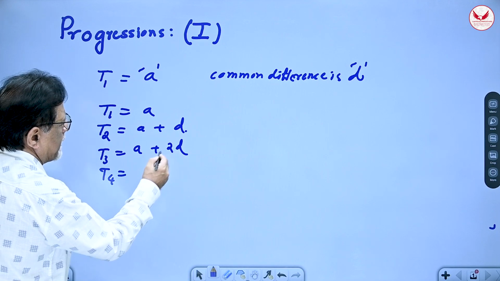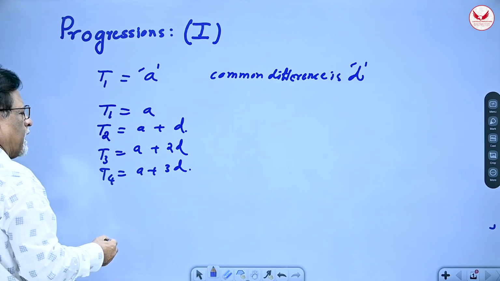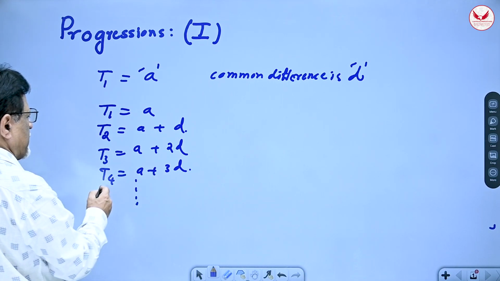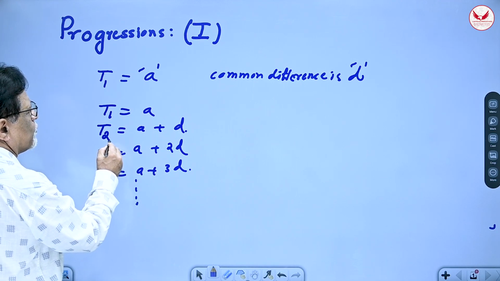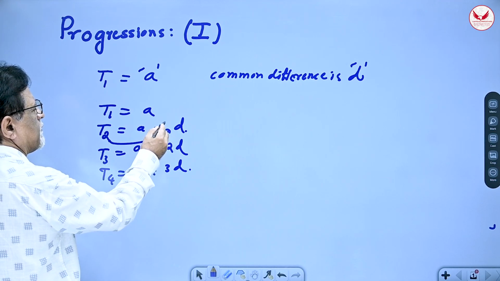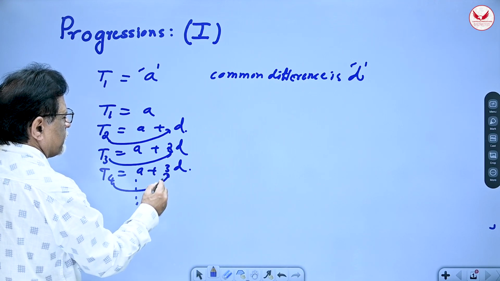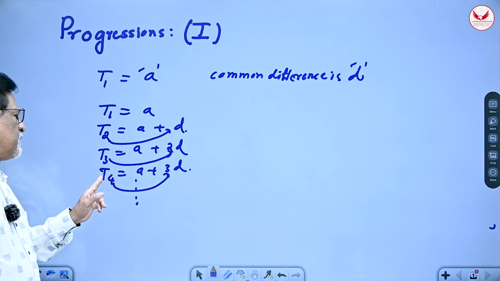If I add D here, then it is A plus 3D. Now, I can go on writing like that. So I have to understand the relation between these numbers and these numbers. You can see here, 2, here it is 1. So 3, 2, here it is 4, this is 3. So you can clearly see that there is a difference of 1 between these two numbers.